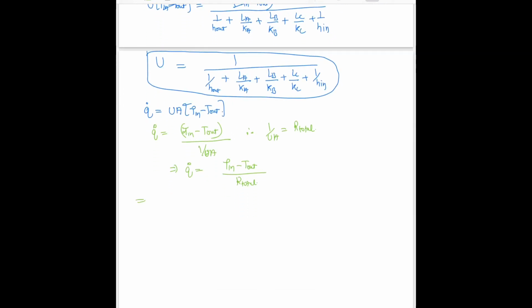Or we can write our overall heat transfer coefficient as U equal to 1 by R total into area.